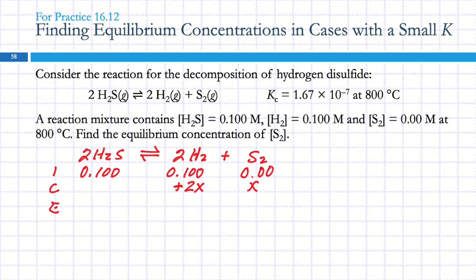And what is the H2S going to decrease by? 2x. So then I end up with 0.100 minus 2x and 0.100 plus 2x and x.